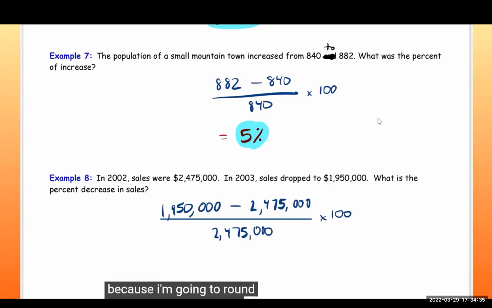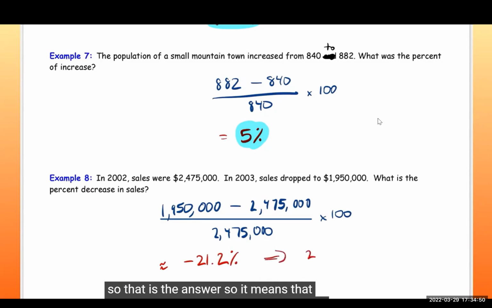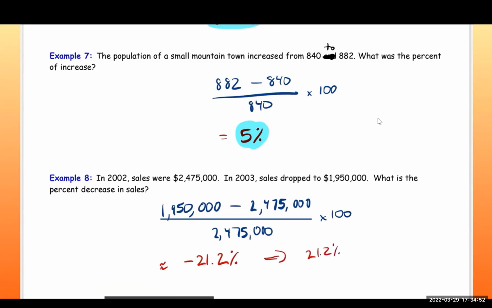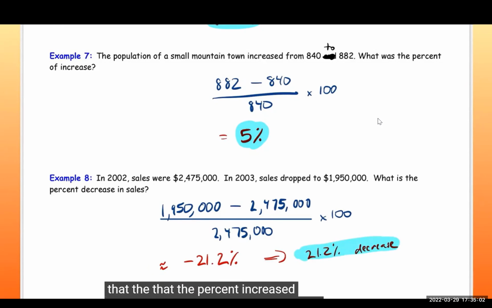And then multiply by 100, that's going to move the decimal 2 spaces to the right, so negative 21.2%. So that is the answer. So it means that there was a 21.2% decrease. So a negative means that the percent decreased, and a positive means that the percent increased. All right, let's go ahead and move on.